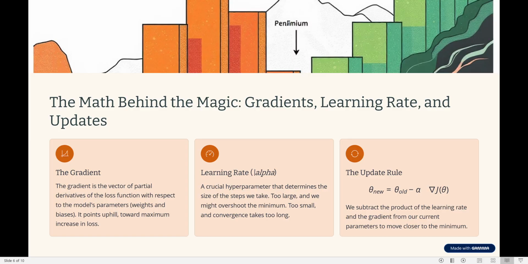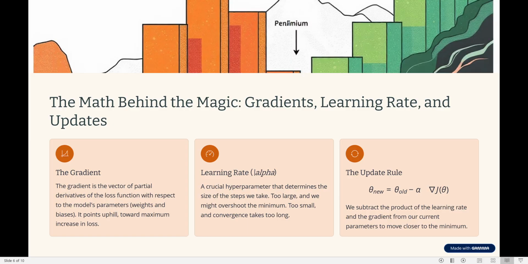To reduce the loss, we move in the opposite direction, the negative gradient.